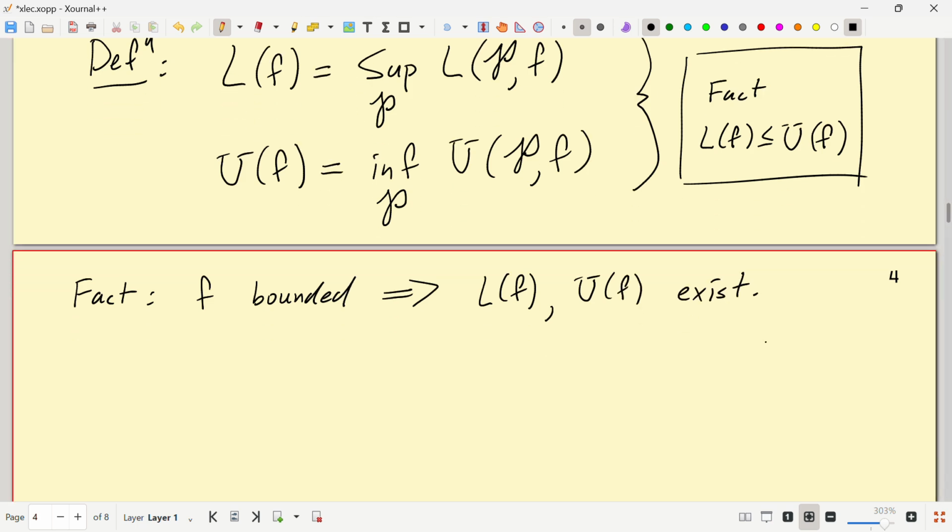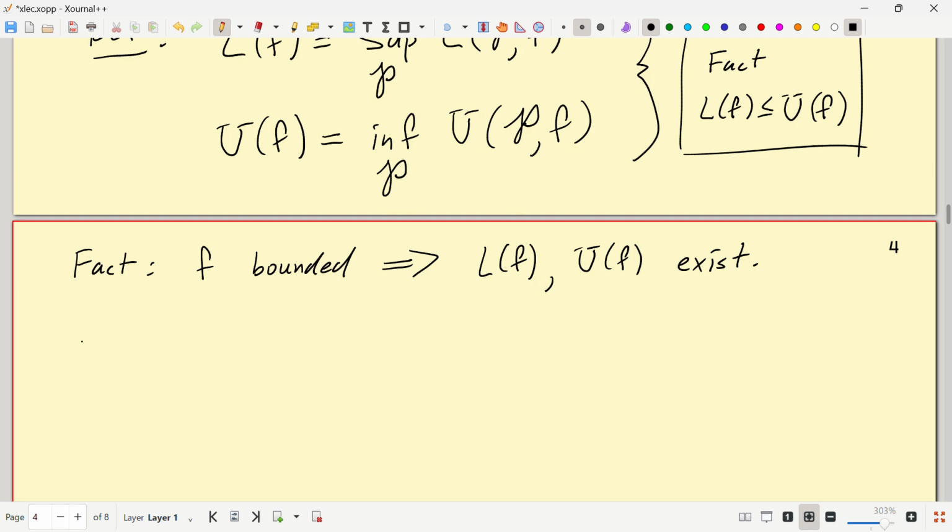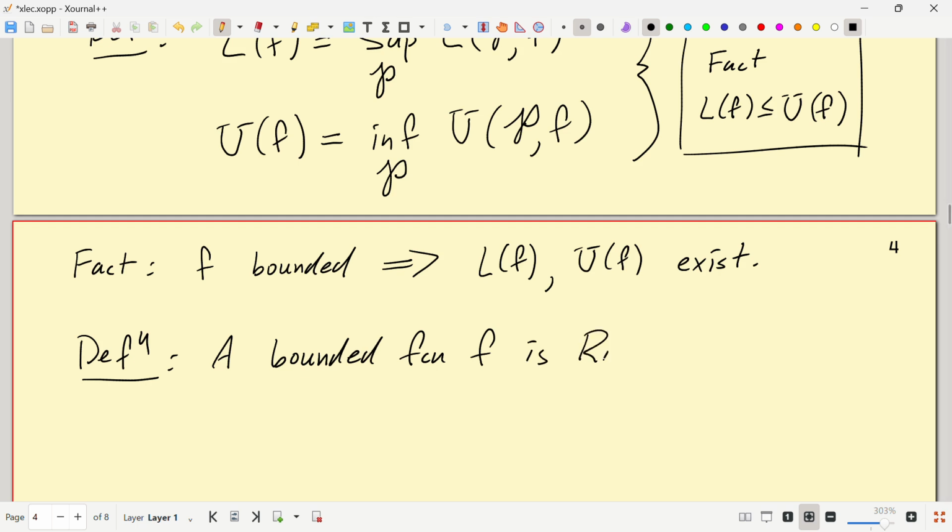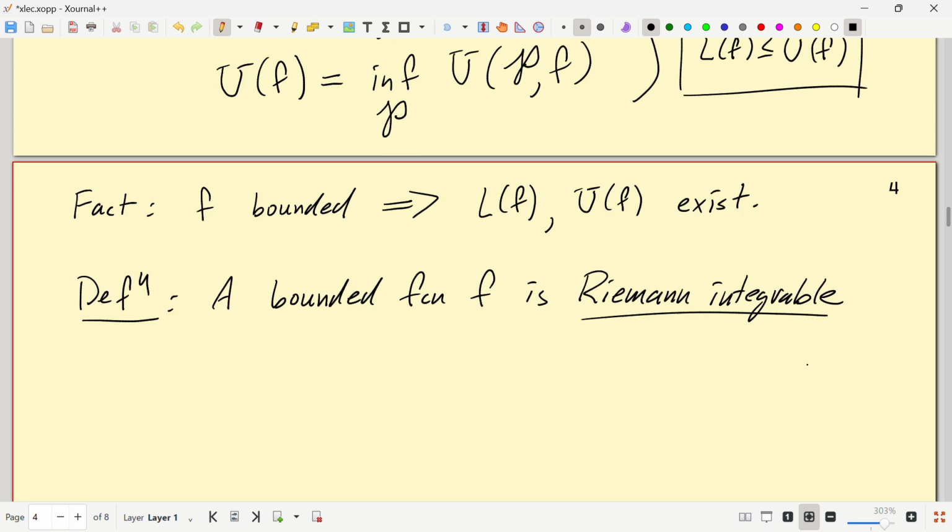And now the definition of a Riemann integral. A bounded function f is Riemann integrable if L of f equals U of f, like in the case of the Archimedes example.